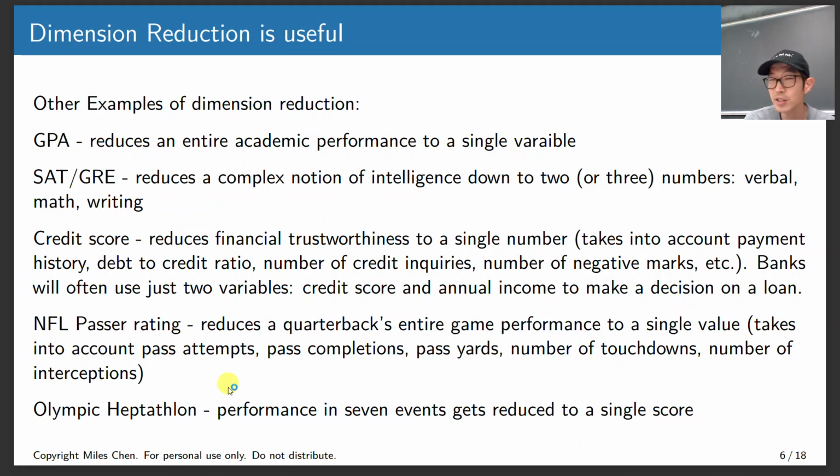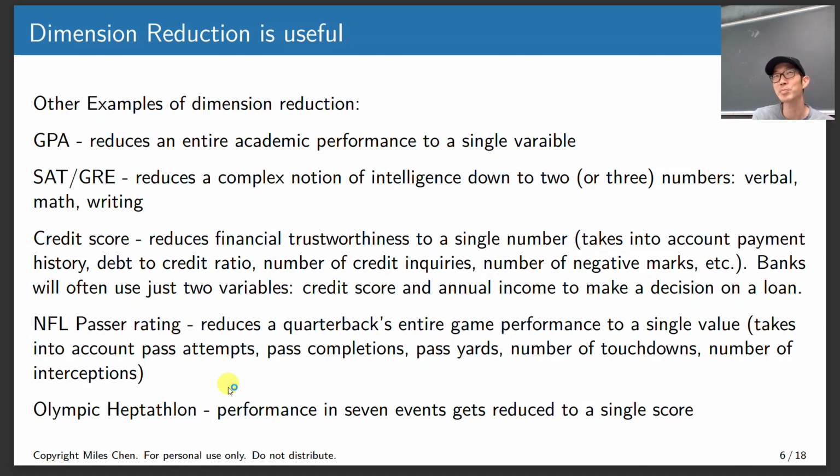Other examples of dimension reduction that make it easier to think about. One is your GPA. It basically takes someone's entire academic performance at an educational institution and boils it down to a single number.